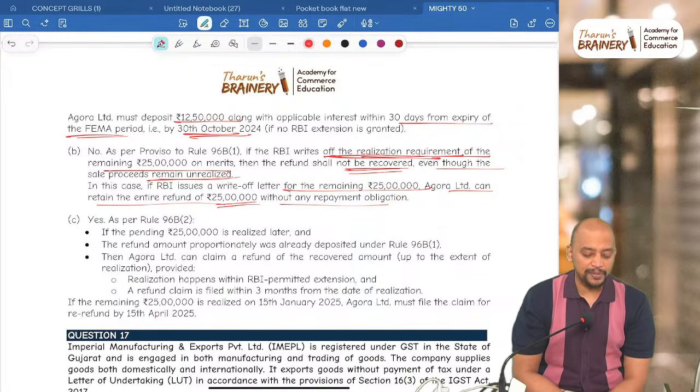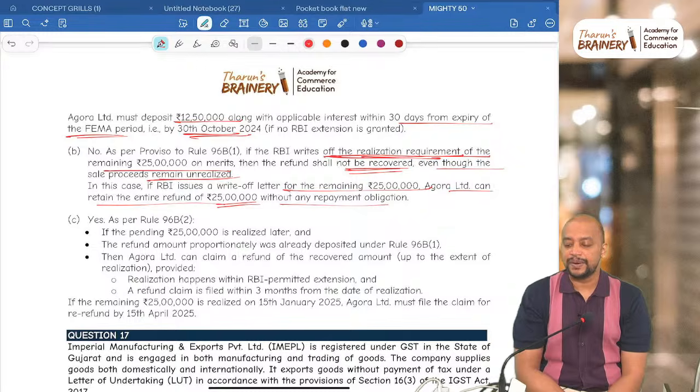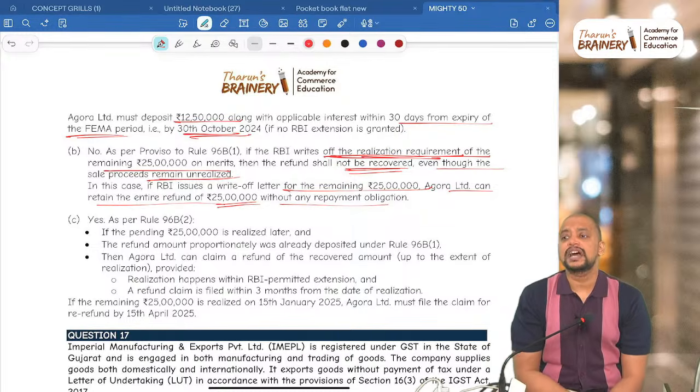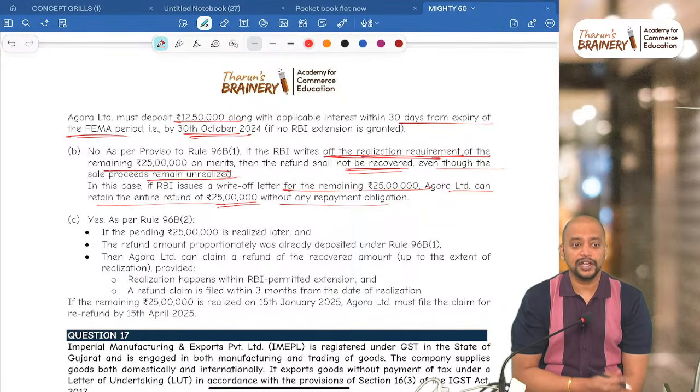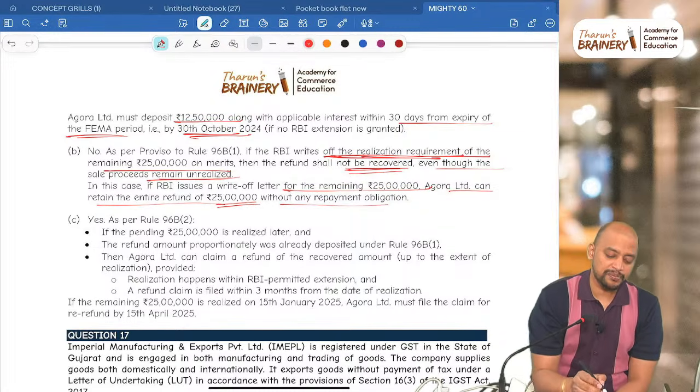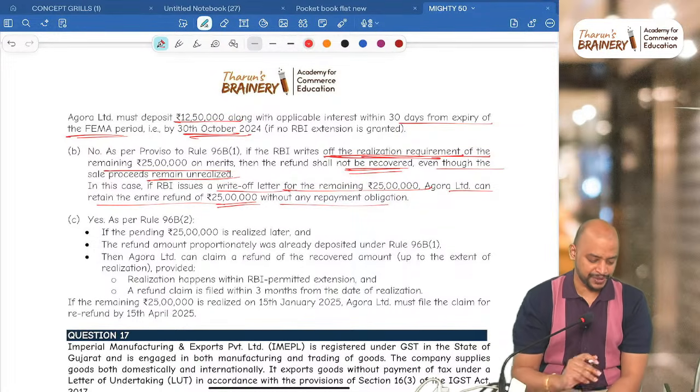In this case, RBI issues a write-off letter for the remaining 25 lakhs because tomorrow department will definitely ask. Department will ask, you did not realize the proceeds, so therefore submit the BRC or you submit at least the RBI write-off letter. Any of these things you should submit, otherwise we will do the recovery under erroneous refund. So that RBI write-off letter is to be produced.